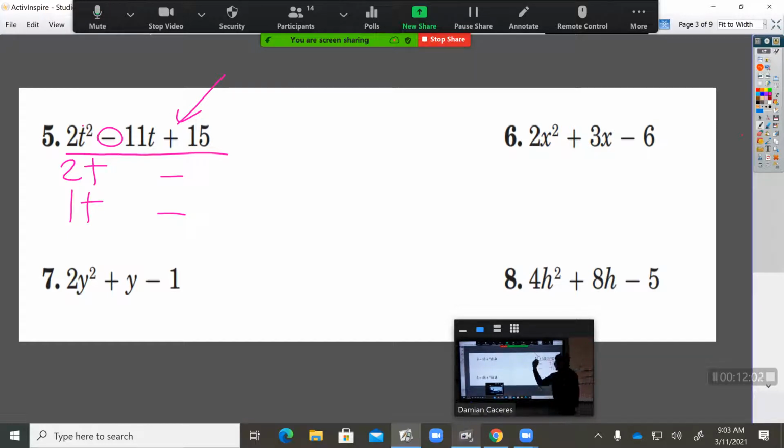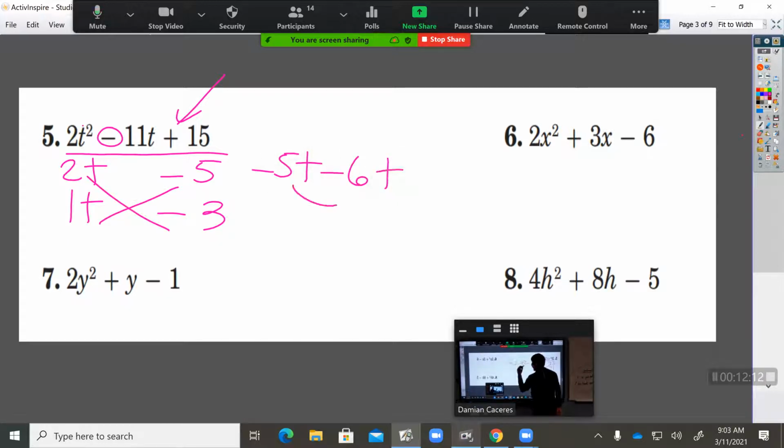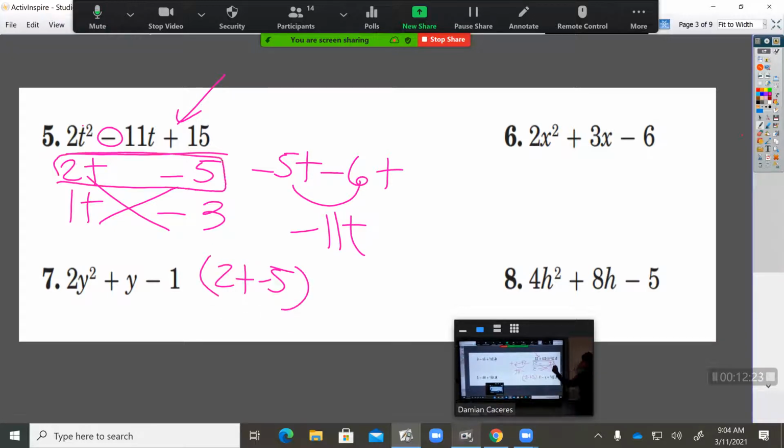Now, 5 times 3 is 15. Cross multiply and you get negative 5t, negative 6t. Put them together and we have negative 11t, the correct middle number. So one binomial is the top part, which is 2t minus 5, and the bottom part is the next binomial, t minus 3.